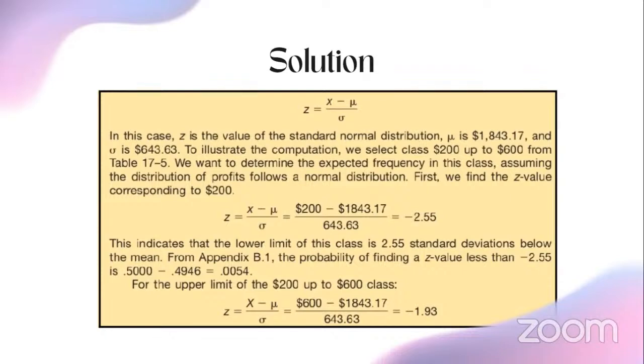From Appendix B.1, the probability of finding a z value less than minus 2.55 is 0.5000 minus 0.4946 equals 0.0054. For the upper limit of the $200 up to $600 class, the formula is below.